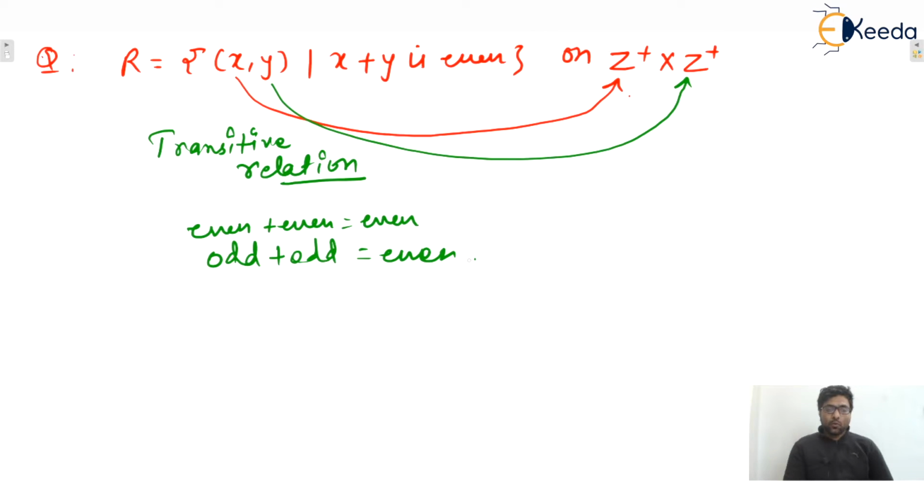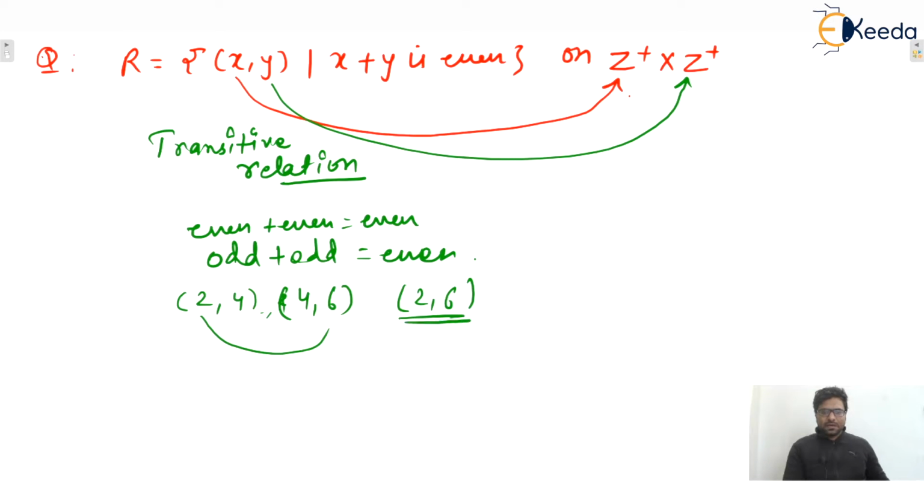So there are two possibilities: if both x and y are even numbers, or both are odd, then only such ordered pairs will be inside this relation. Now you tell me, if (2,4) and (4,6) are present, then guaranteed, because of transitivity, (2,6) must also be present.